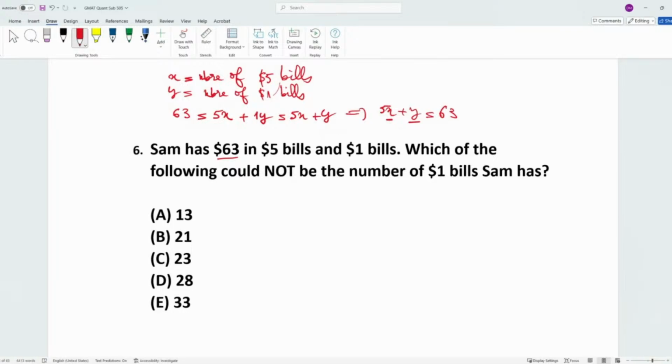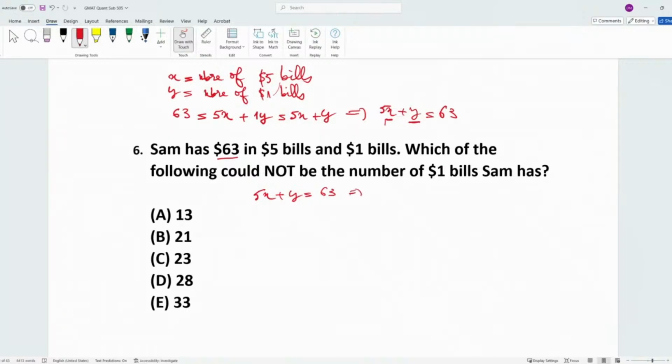Okay, so the value of y here is dependent on the value of x. Okay, and we are going to use these answer choices to actually determine that. We will say, for example, so this one here, 5x plus y is equal to 63, will lead us to have x being equal to, let me remove this here.